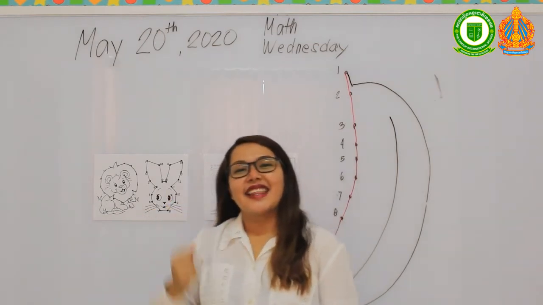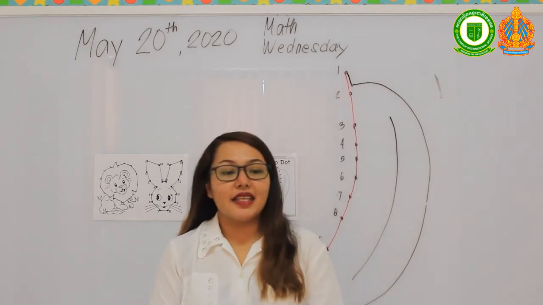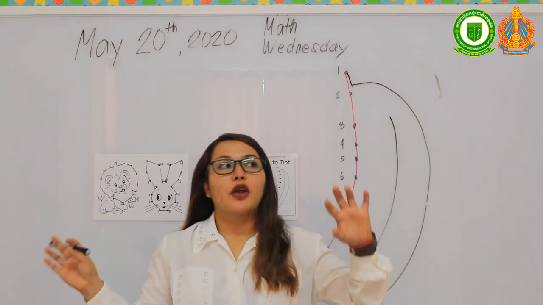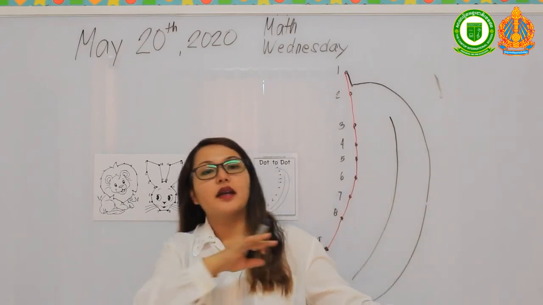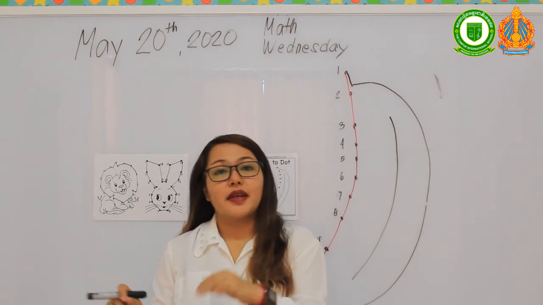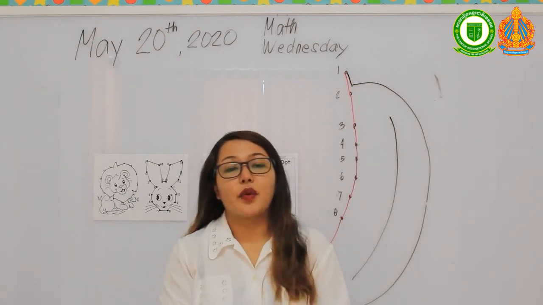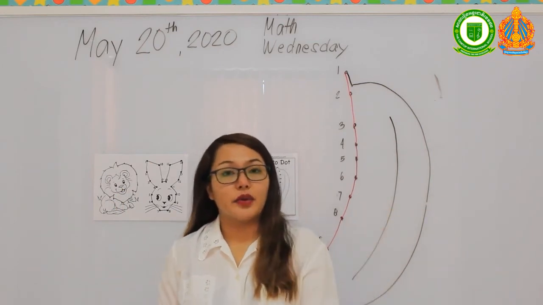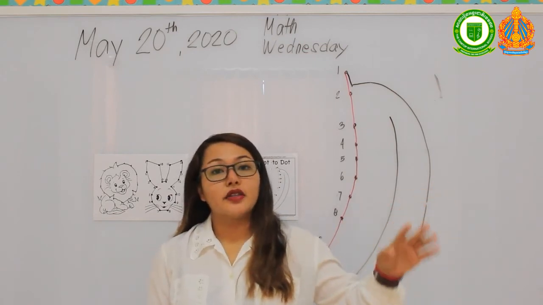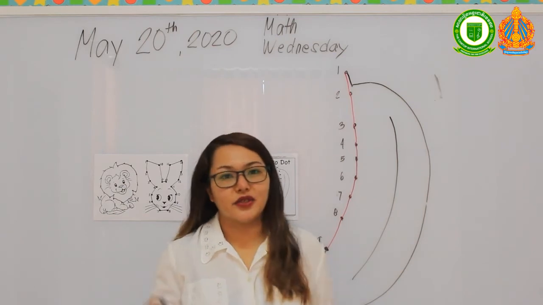Okay, so kids, that's it. Again, we did it the way that we should do it, especially connecting the dots from 1 going up, following the order of the numbers, because we also learned it before, order of numbers, right? So it's not 1, 5, 8, it should be 1, 2, 3, 4, 5, and so on.